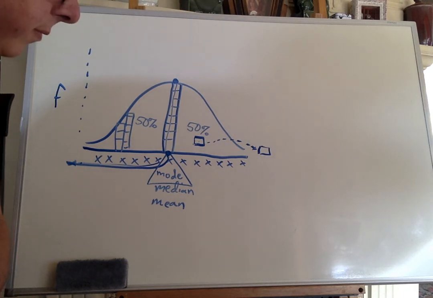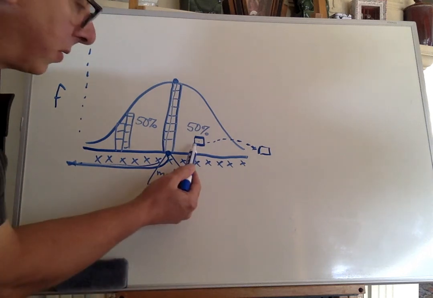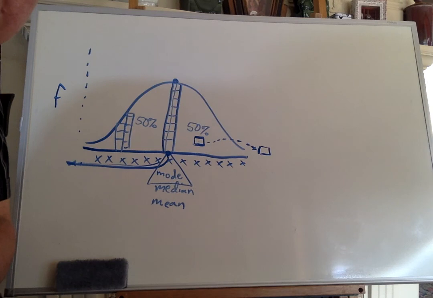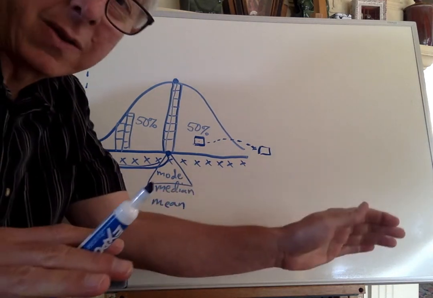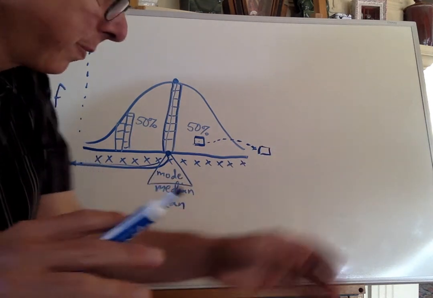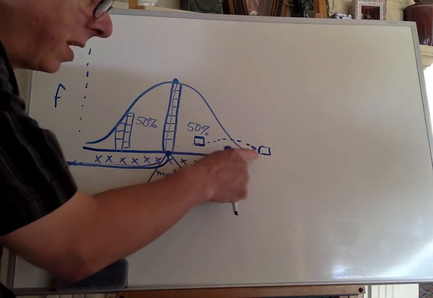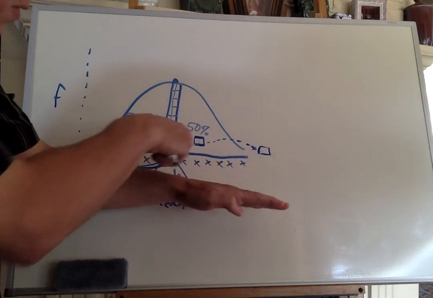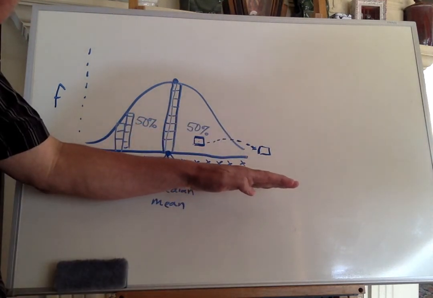Of course, the third question, if I change this person's score from here to here, what would that do to the mean? Well, the mean is the balance point. If I move this person from here to here, we were balanced, so what happens to the teeter-totter?